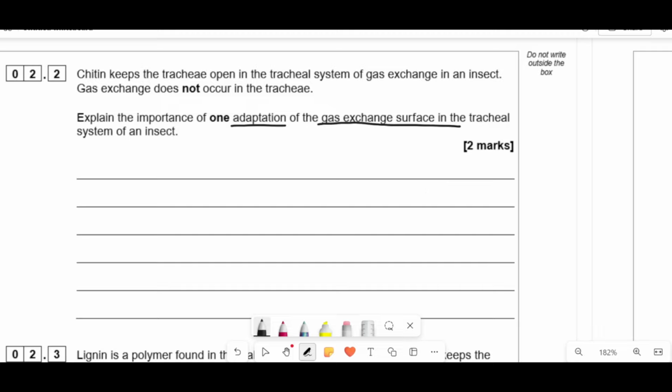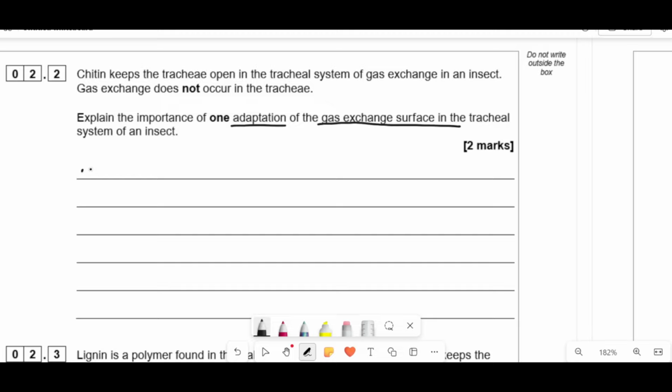So whenever you're having a gas exchange surface, what you want is the maximum amount of diffusion possible, because we rely on diffusion to do gas exchange. In our lungs, it's the alveoli, CO2 out, O2 into the blood, right? So what we need to do is think what maxes out the rate of diffusion. Rather than memorizing separate answers for every single animal and organism in the universe, why not just think of the general principles and understand?